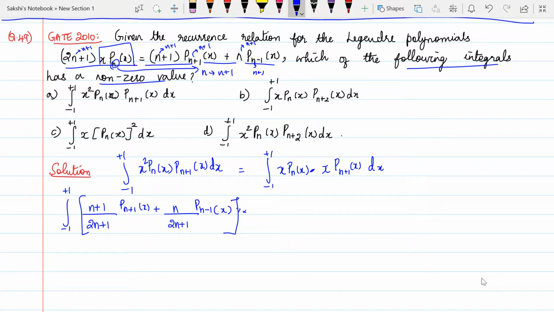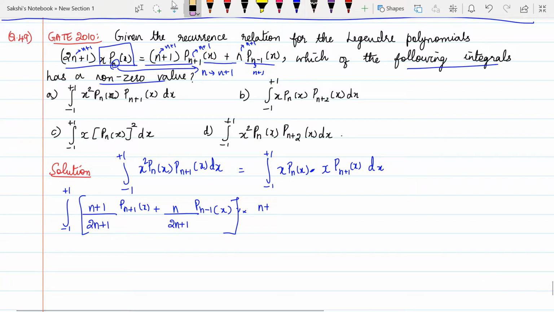While doing that, I'll be getting n plus 1. Okay, if you see here, I have made a small mistake.